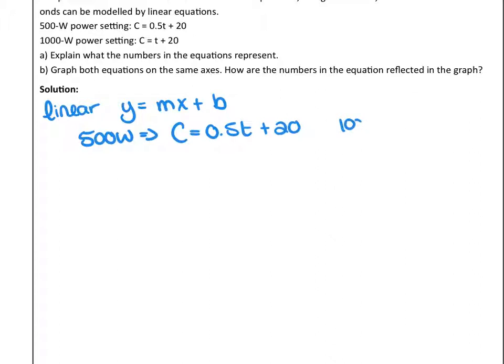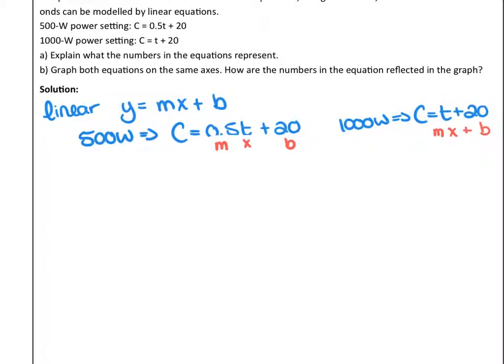And the 1000 watt one is C equals T plus 20. Now notice that this is like mx. Hold on, I'm going to do that in a different color. So this was m, that could be our x and b. And in this case, we have an m which isn't written, so it's a 1, x plus b.